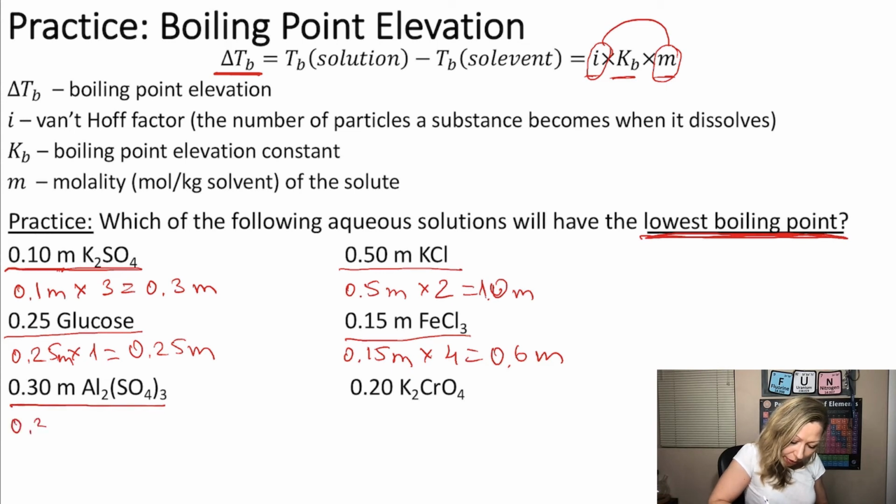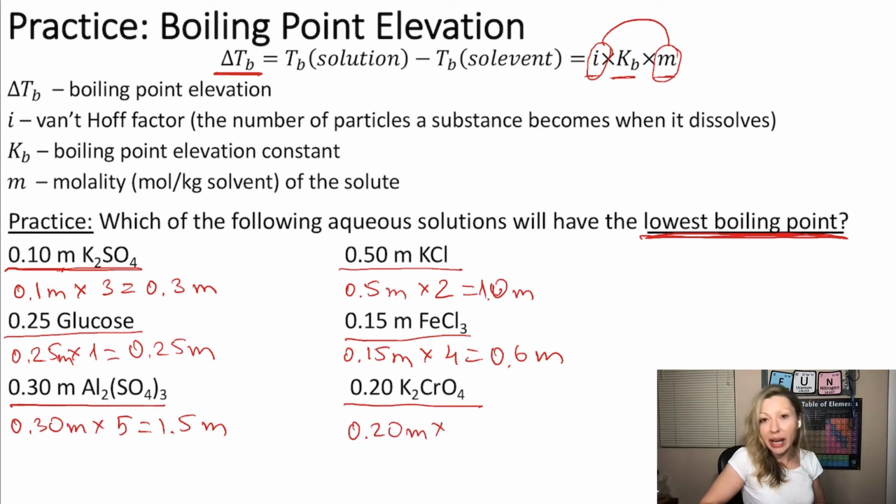So 0.30 multiplied by how many particles? 5, right? So that is going to give us 1.5. And potassium chromate, 0.20 multiplied by how many particles? 3, right? So that is going to give us 0.6 m.